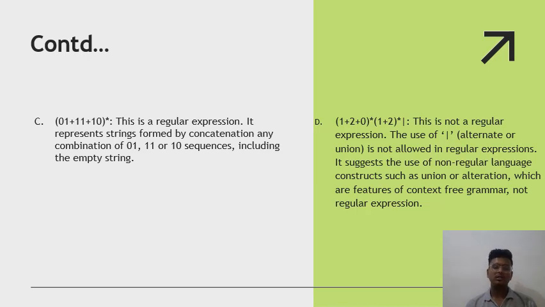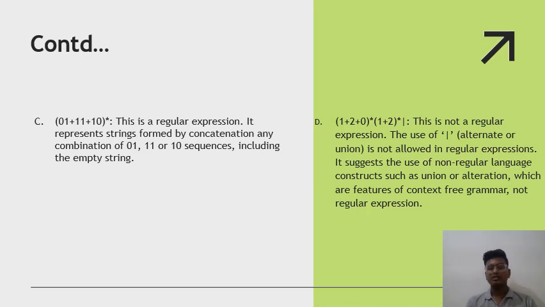The third option states that this is a regular expression. It represents strings formed by concatenation of any combination of 0, 1, 1, 1 or 1, 0 sequences, including the empty string. But the fourth option is not a regular expression.